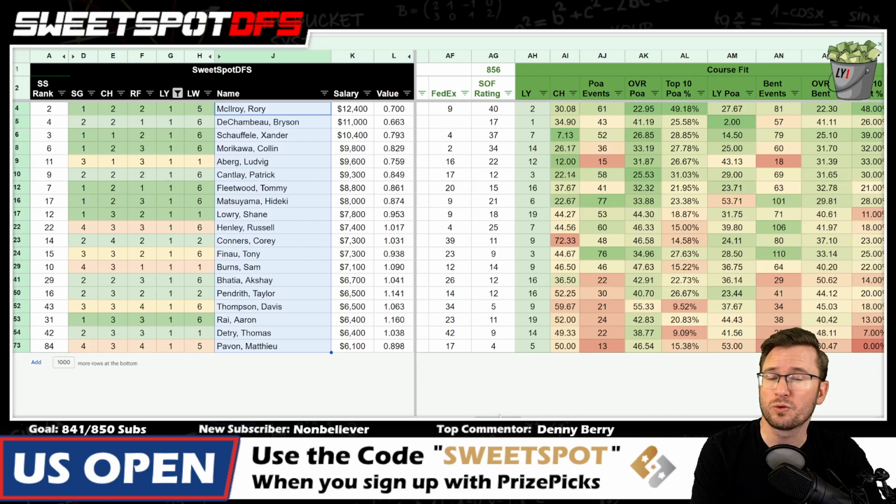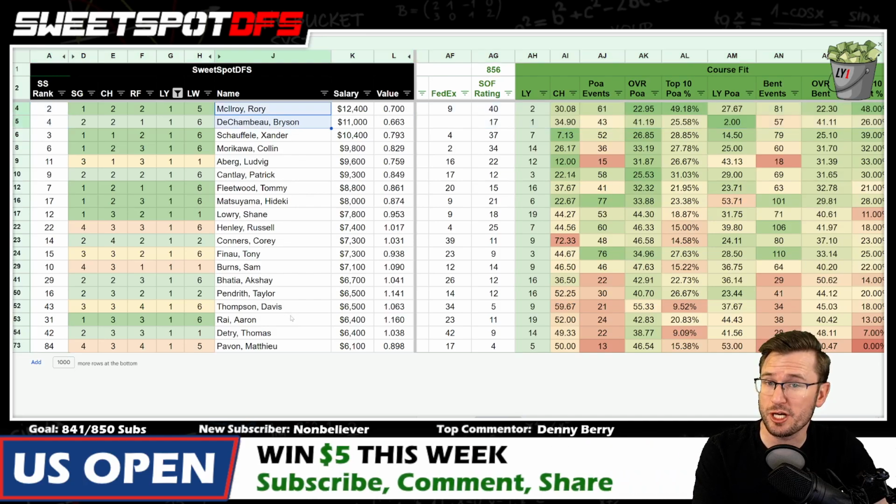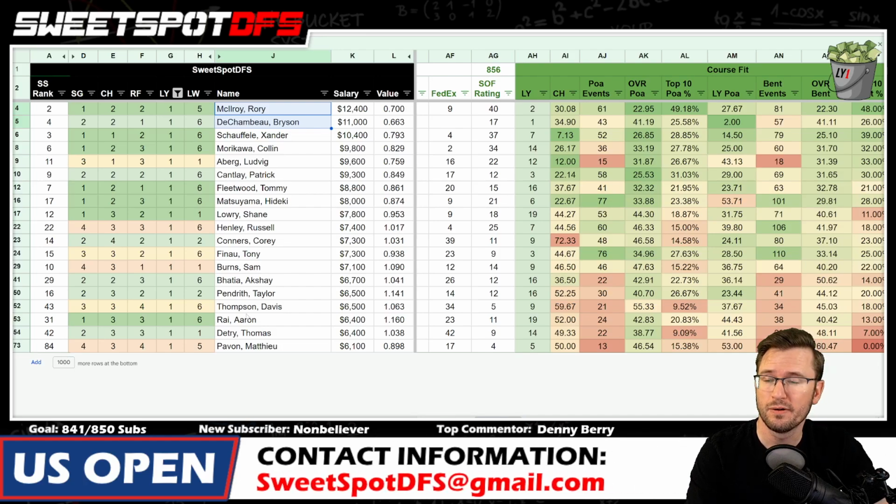So if Rory and Bryson finish inside the top 10 of the 2025 US Open, and so does Scottie Scheffler, but Scottie Scheffler wins the event, it gets really complicated from there, because the point totals that are generated on DraftKings are really going to determine if you fade Scottie, who might win the event, versus playing Rory or Bryson, who may not win the event, but still finish inside the top 10.